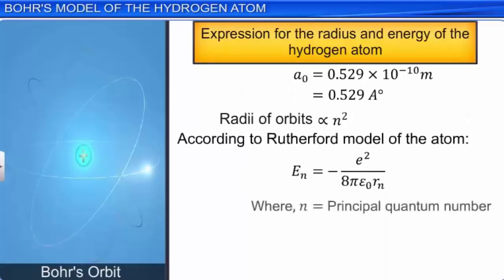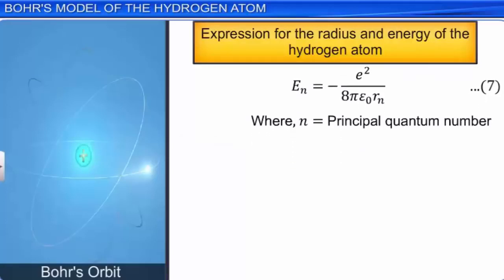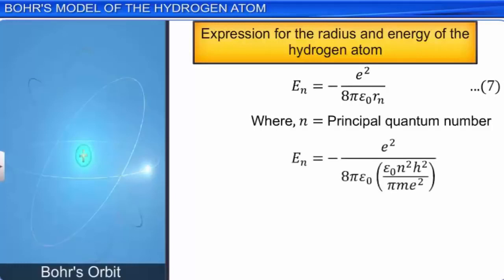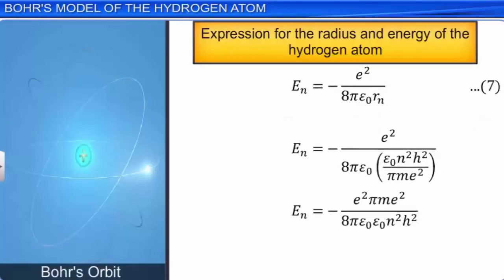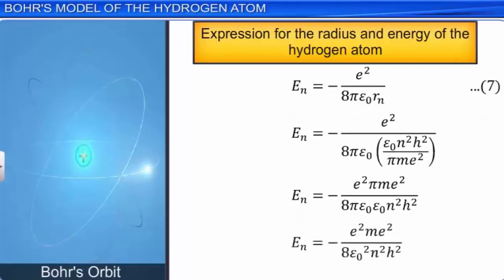Substituting the value of r_n and simplifying, we get En = minus m e to the power 4 by 8 n square h square epsilon naught square.